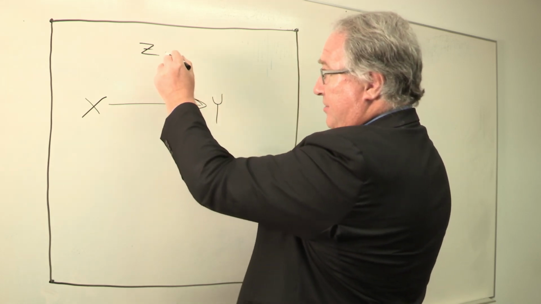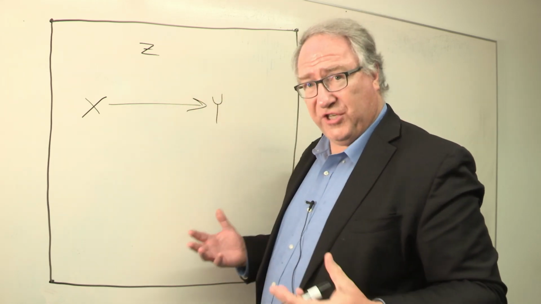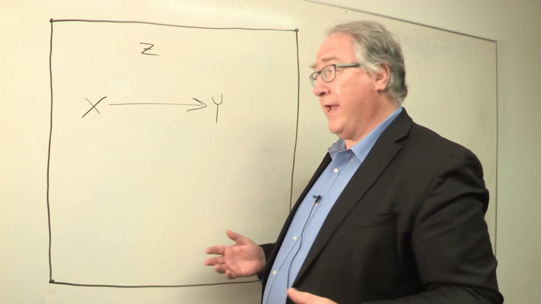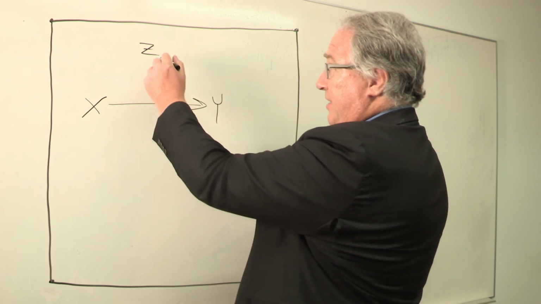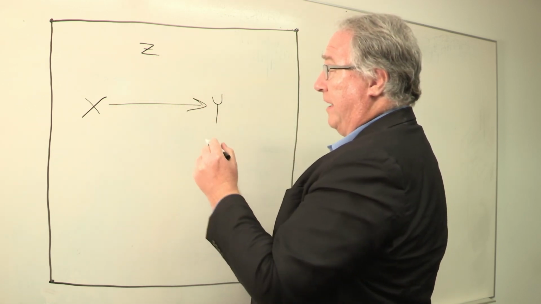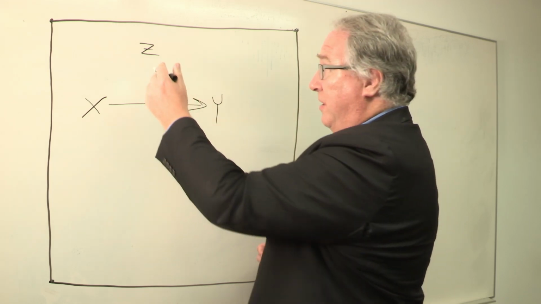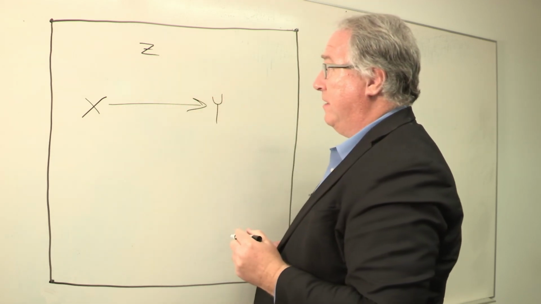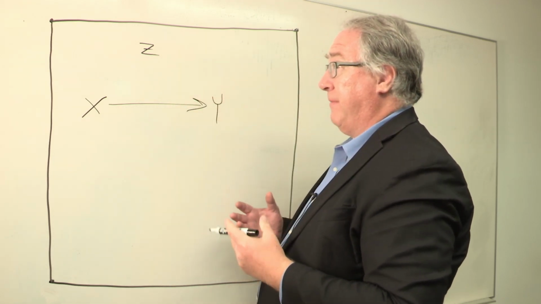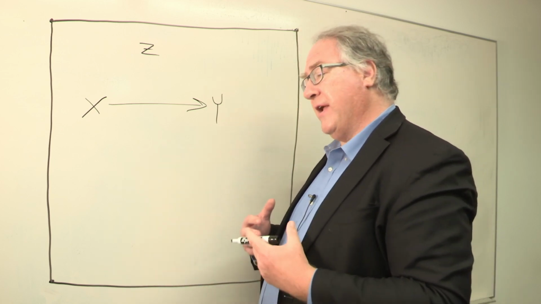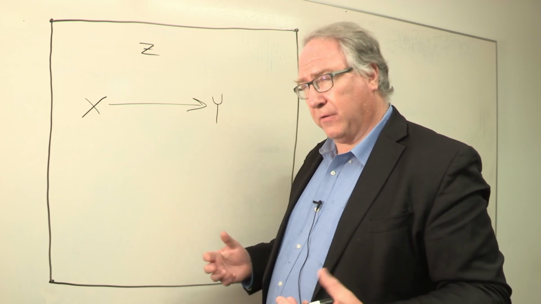And we're going to test variable z as a moderator. I just want to point out again that z is an independent variable. In regression language, it is a predictor variable. However, we want to test it in a particular role. We want to test it in the role of being a moderator. Okay.